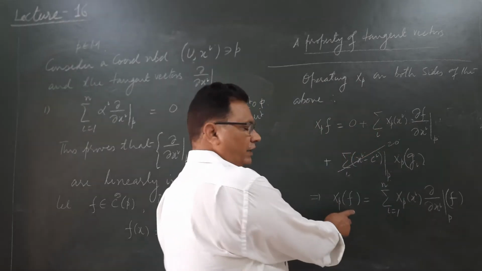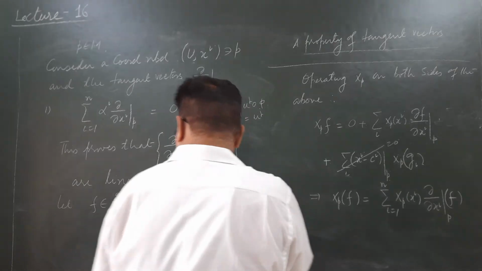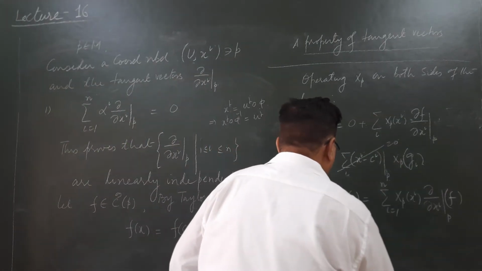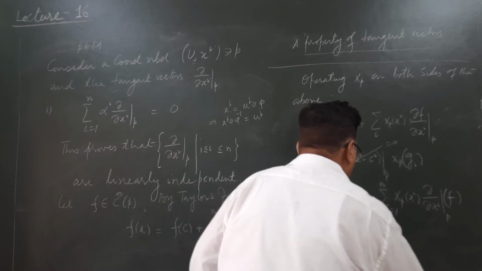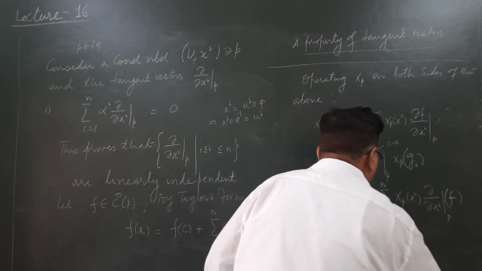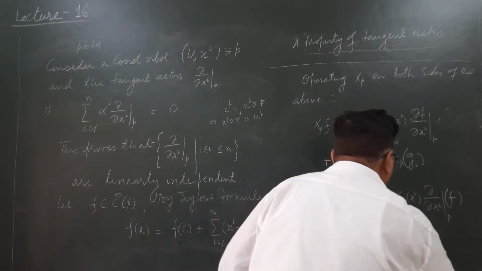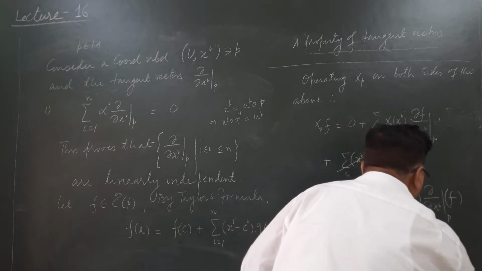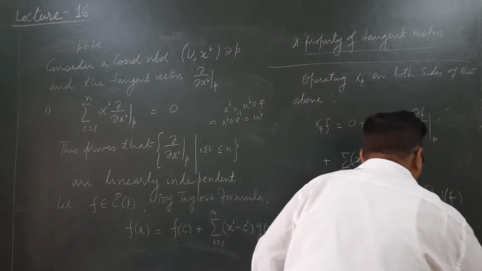So this is true for any f. f was arbitrarily chosen in C infinity(p). So this implies that Xp is equal to summation over i of Xp operating on xi into del upon del xi at p. अब इसको ज़रा गौर से देखिए.